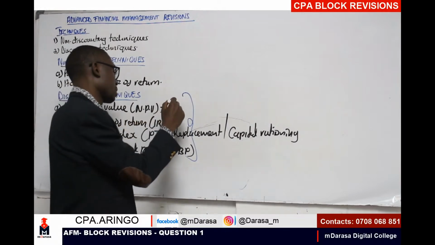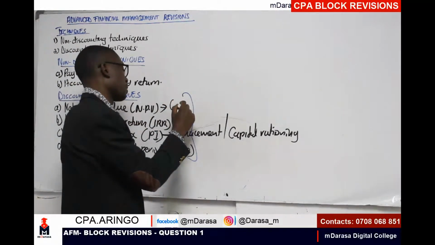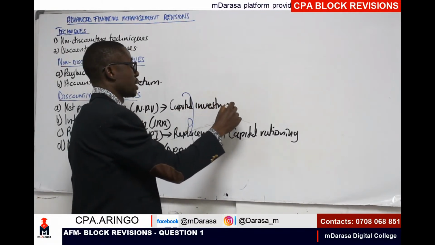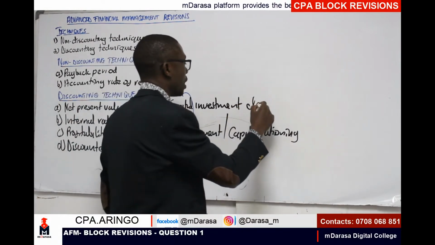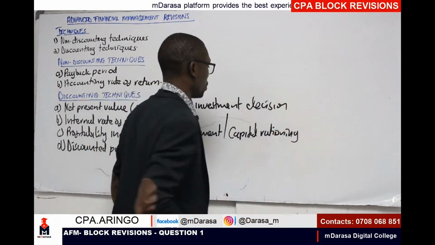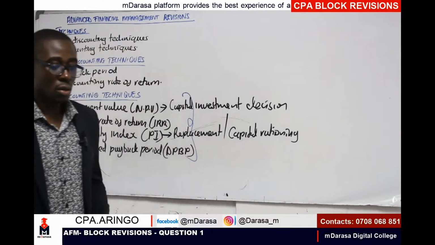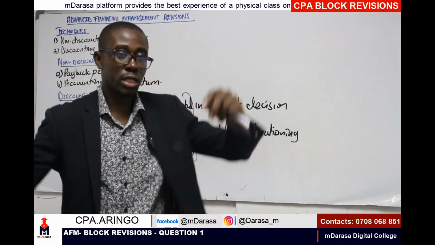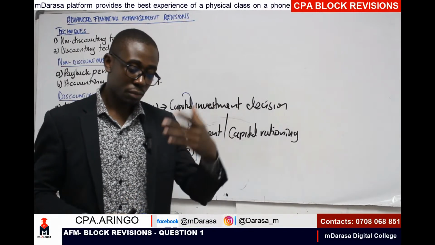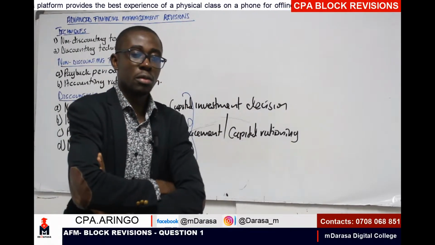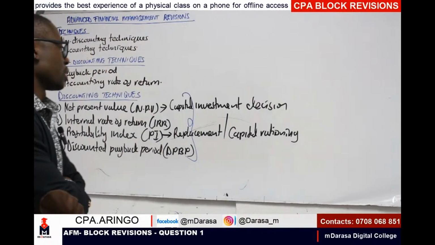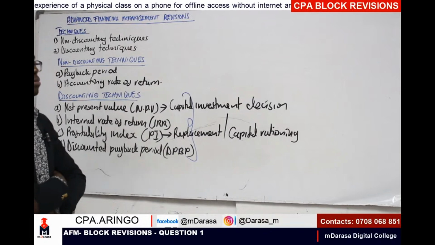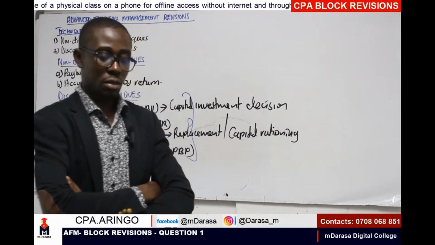Most of the cases for capital investment decisions, we compare our net present value to determine the worth or viability of our project or investment. So that is where we normally tend to use the net present value, NPV.